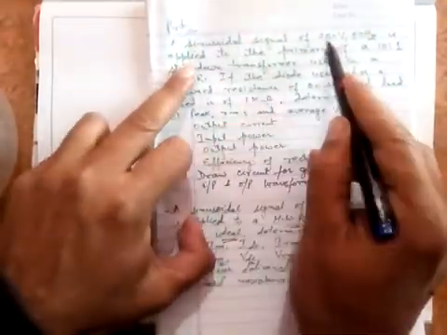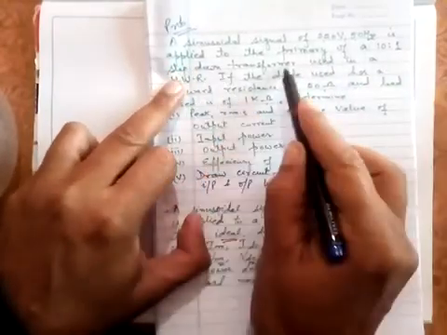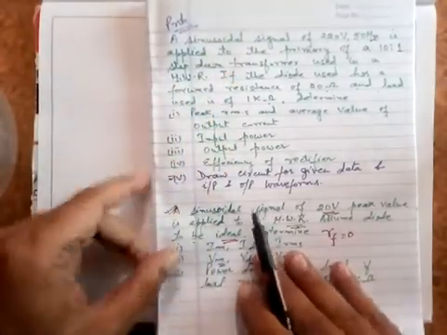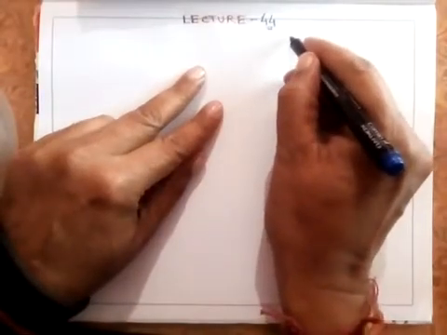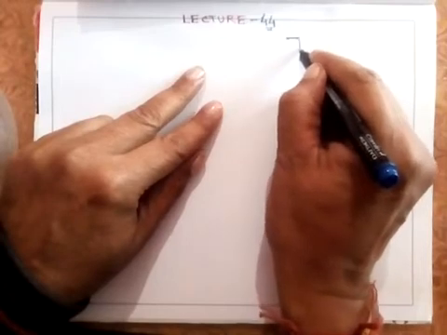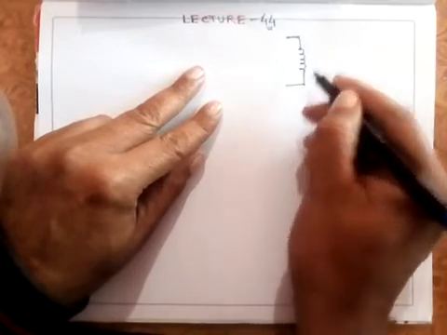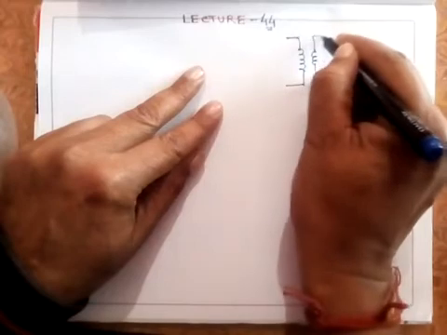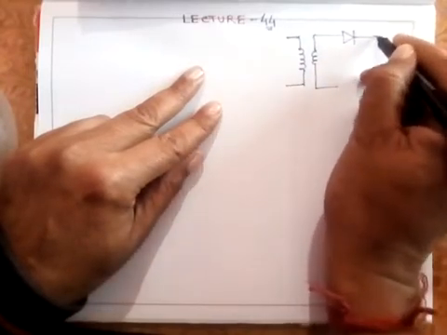A sinusoidal signal of 220 volt 50 hertz is applied to the primary of a 10:1 step down transformer used in a half wave rectifier. First of all, I have to draw the circuit diagram for a half wave rectifier. You have a transformer here, and this is a diode here, and then you'll have a load resistance.